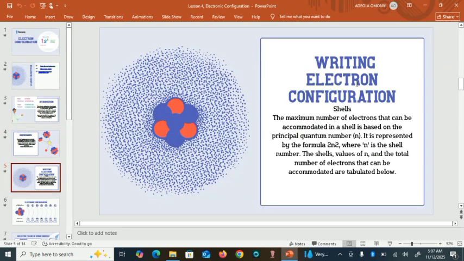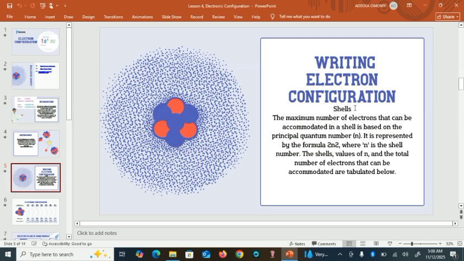Alright, writing electronic configuration, we make use of the shell. Now in lesson 2, I said the maximum number of electrons that can be accommodated in a shell is based on the principal quantum number, and it is represented by the formula 2n^2, where n is the shell number.